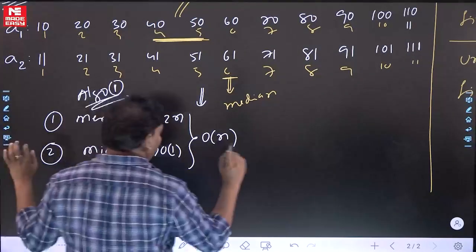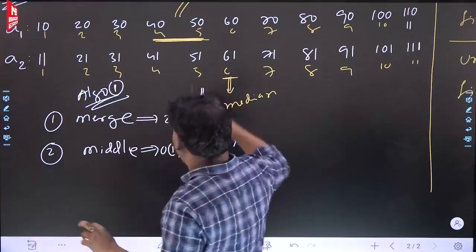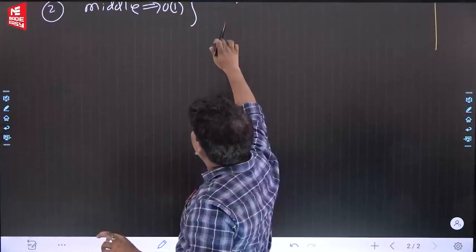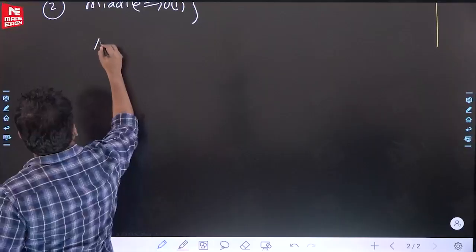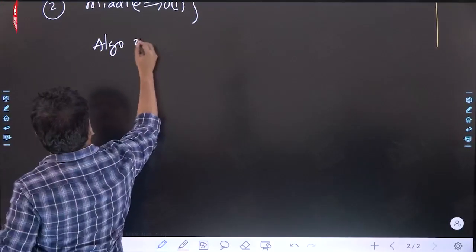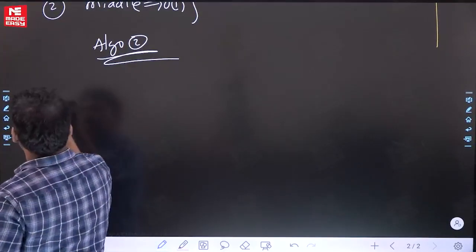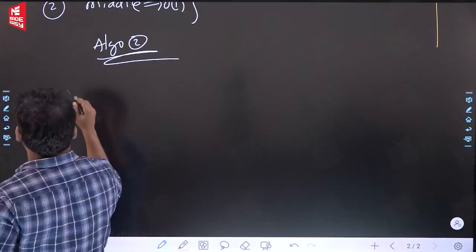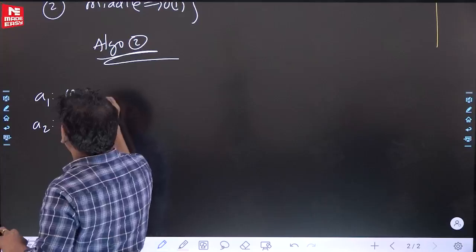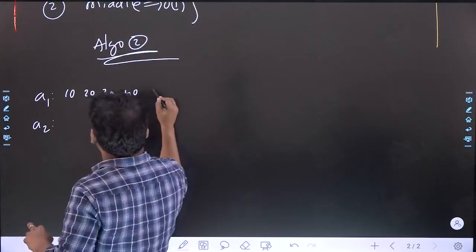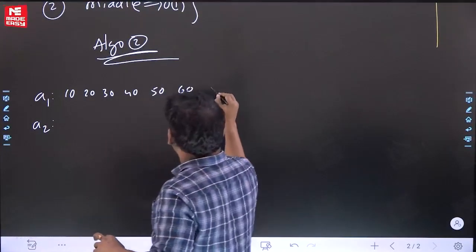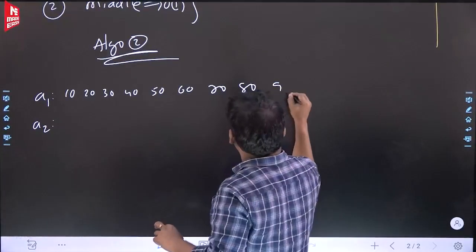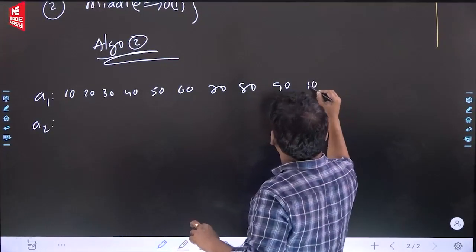Our goal is algorithm 2. I will explain it now. Let me take all the values once again. See algorithm 2, it is very, very important. A1, A2, both are the same size. Let me write: 10, 20, 30, 40, 50, 60, 70, 80, 90, 100.